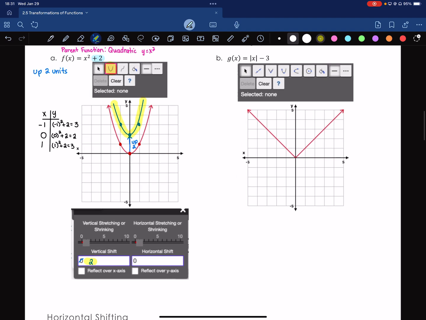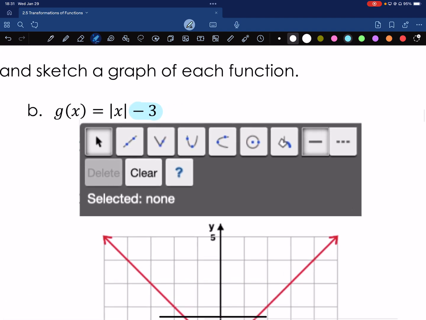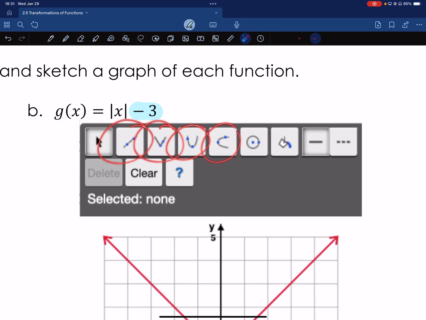Okay. On the second one, this is just to show you what it looks like if there's a minus sign. So notice on this one, you have more options of the different parent functions that we have. You're not going to worry about the circle until later on. You're not going to deal with a sideways parabola. We don't do that.